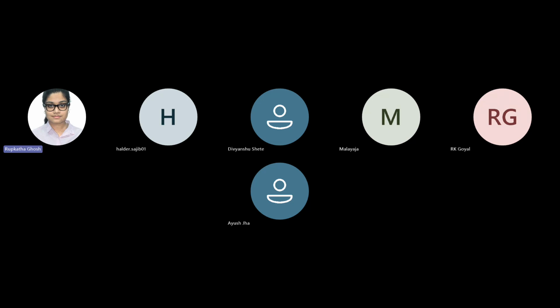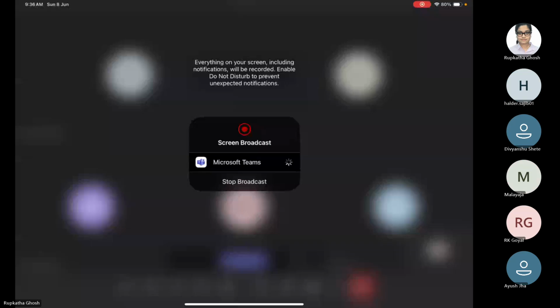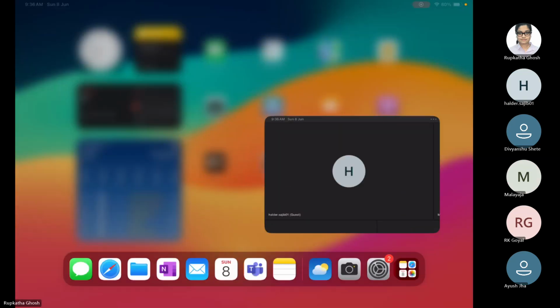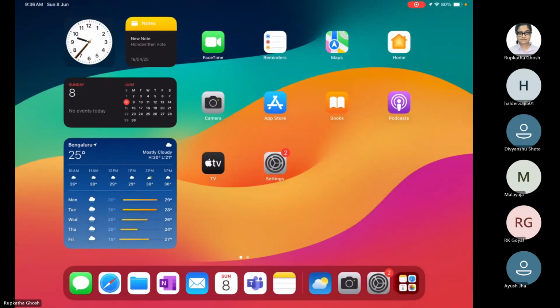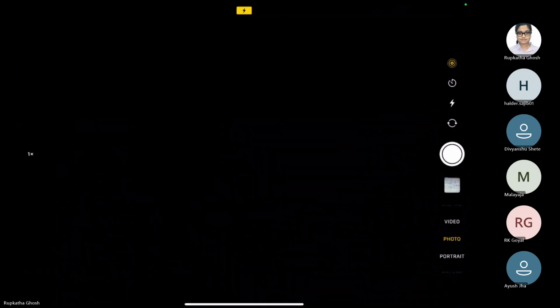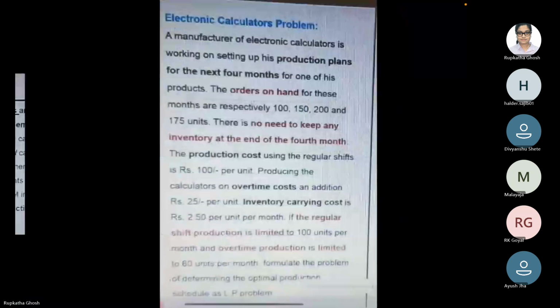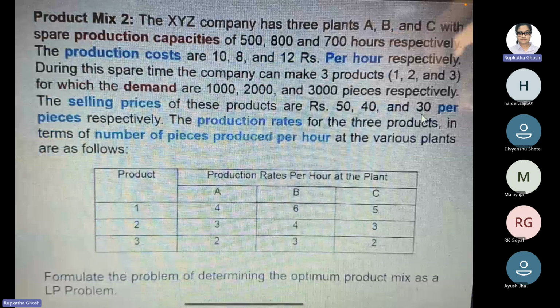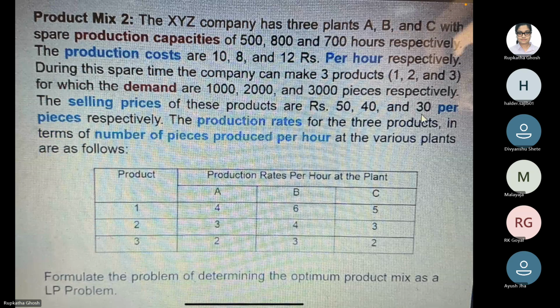Okay, let us solve a problem today. I will just share my screen from here. This is your problem for today. Just take a snapshot of this problem.